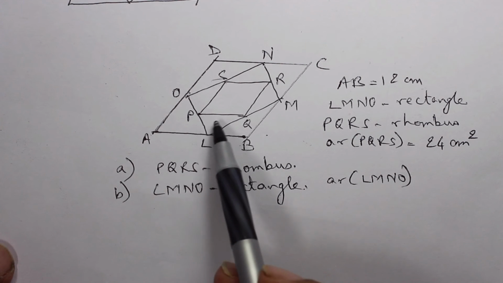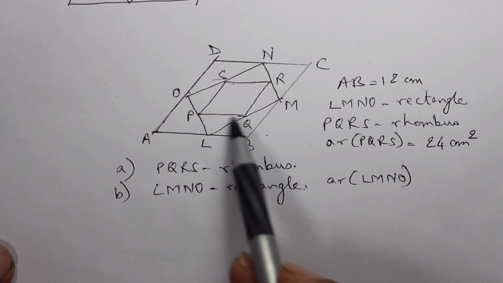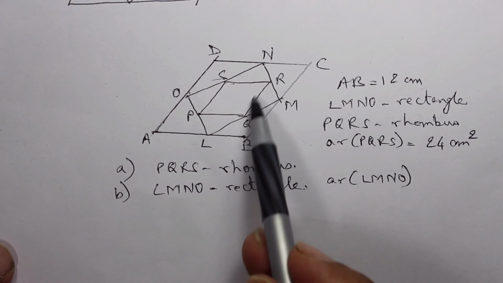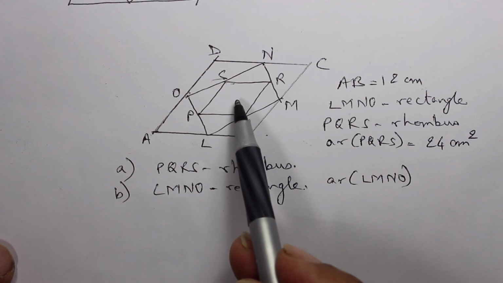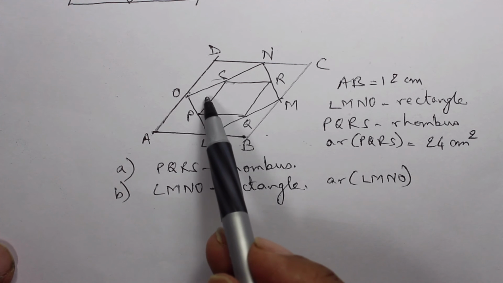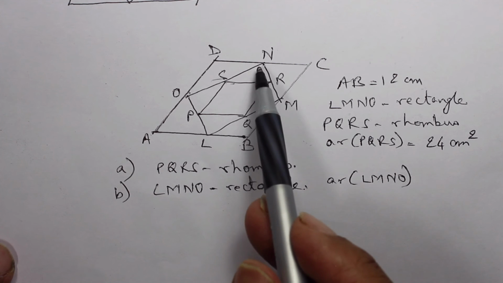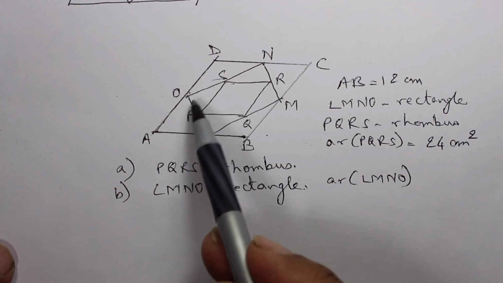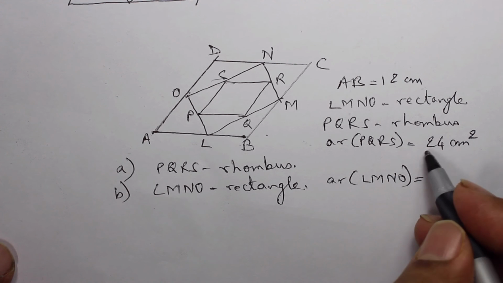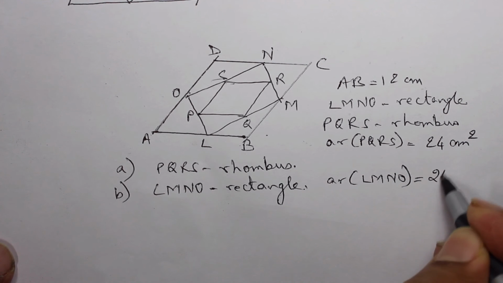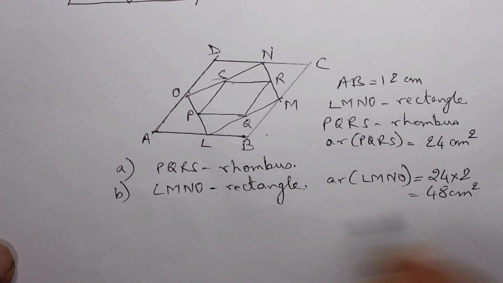So if you join the midpoints of this rectangle and you get another figure, since it's joining the midpoints, its area is half of the area of the bigger quadrilateral. So the area of the LMNO is double of this, which is equal to 24 into 2, which is equal to 48 centimeters square.